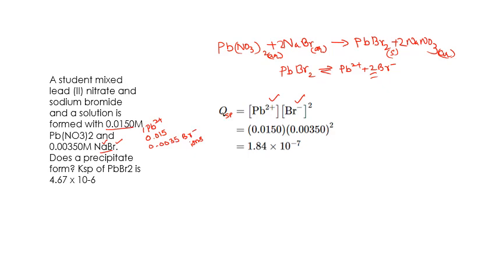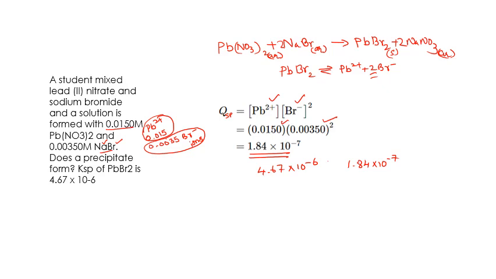Okay. So here we have the molarity of Pb2+, and from here we are getting the molarity of Br- ions. So we are going to just substitute that one and we will write the Qsp. We will get the Qsp. So the Ksp is given as 4.67 times 10 to the power negative 6 and our Qsp is 1.84 times 10 to the power negative 7.